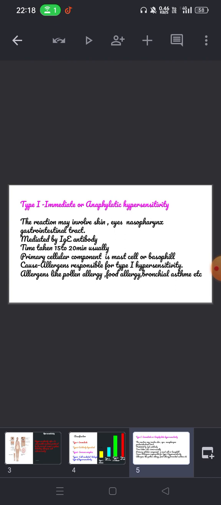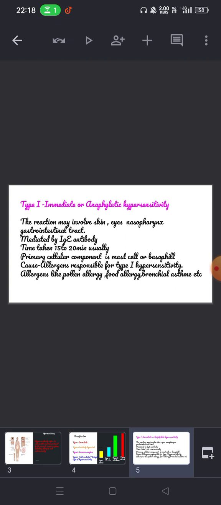Type 1, immediate or anaphylactic hypersensitivity, in which the reaction may involve skin, eyes, nasopharynx, gastrointestinal tract. Mediated by IgE antibody, and the time taken is usually 15 to 20 minutes.